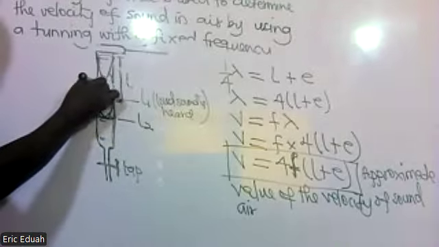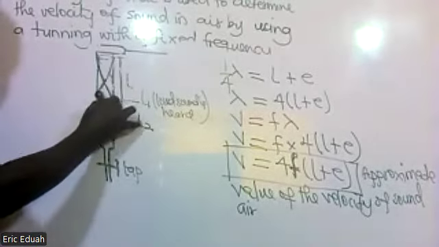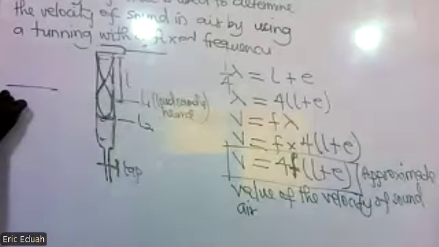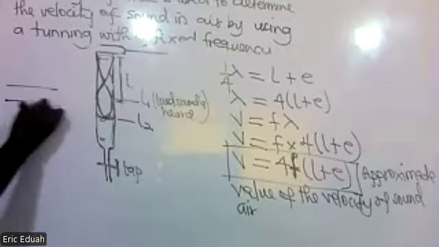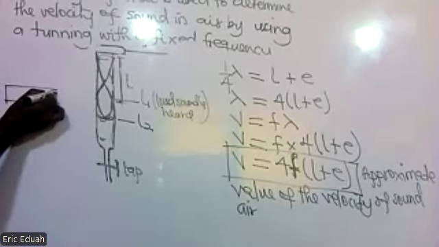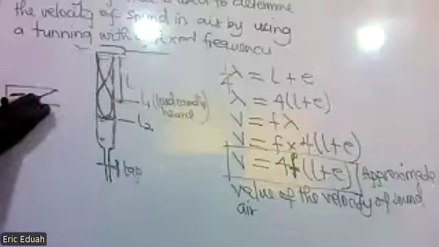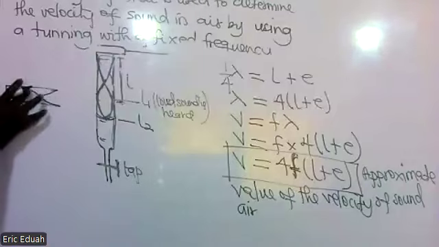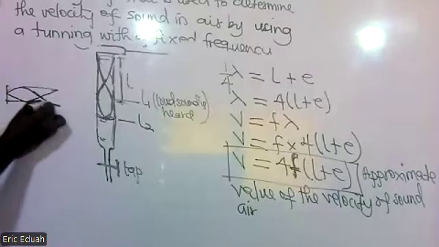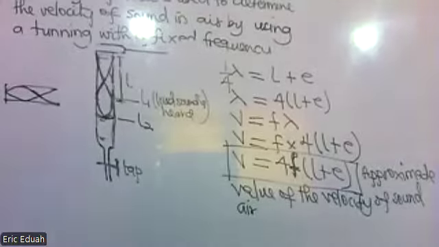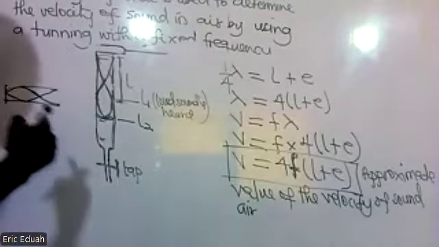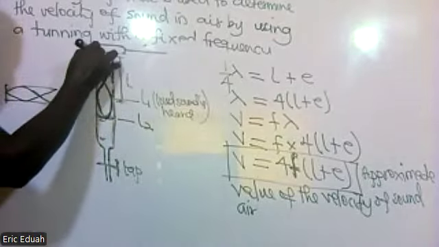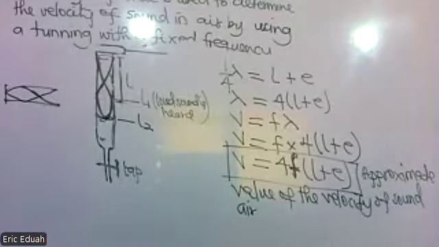So the second position of resonance corresponds to when you have a closed pipe and the second possible stationary wave which is formed. Okay, so the second loud sound heard also corresponds to the second resonance, which is this.